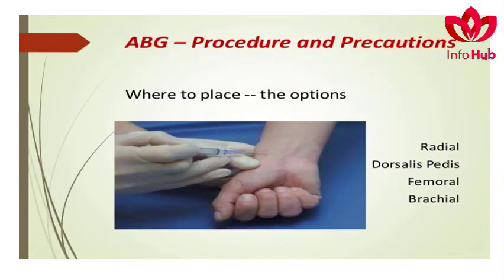Now, to be able to do arterial blood gases, as is obvious from the name, you'll draw blood from an artery. The easiest and most convenient one is the radial artery, like you can see in this picture.